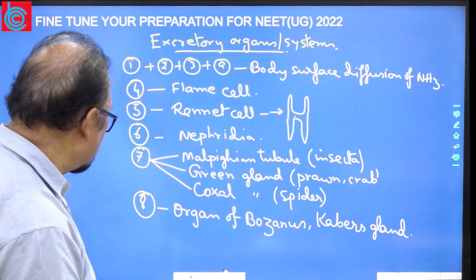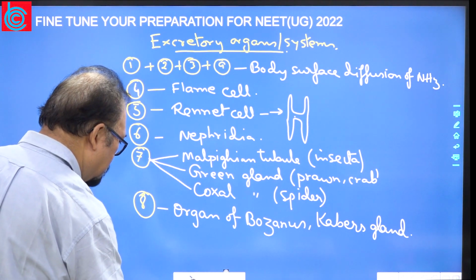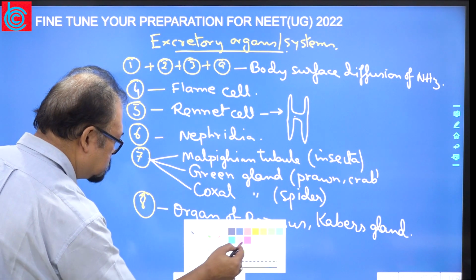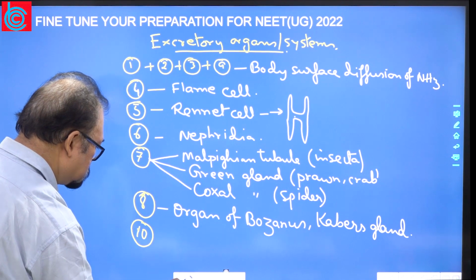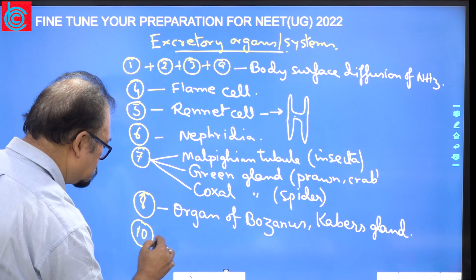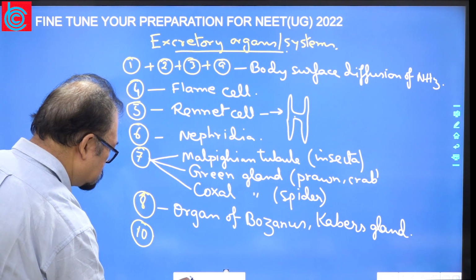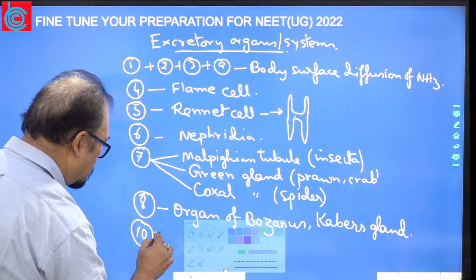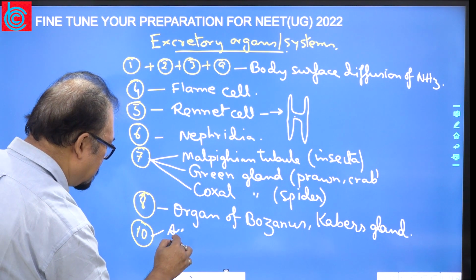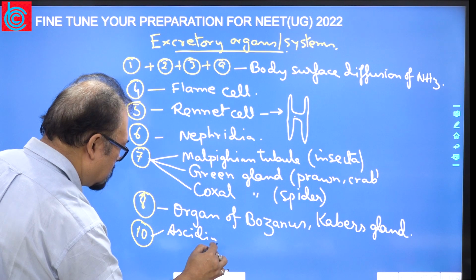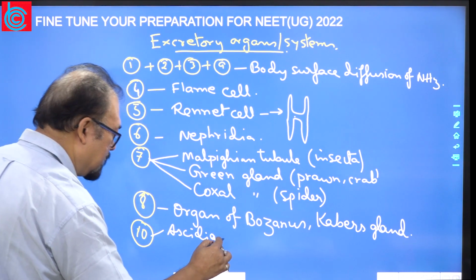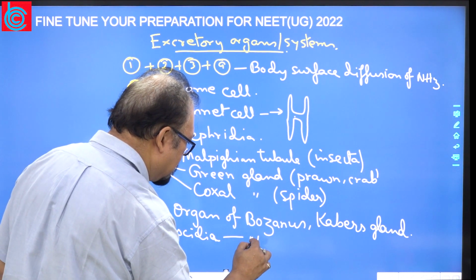So in Hemichordata, in Ascidia, it is the neural gland.